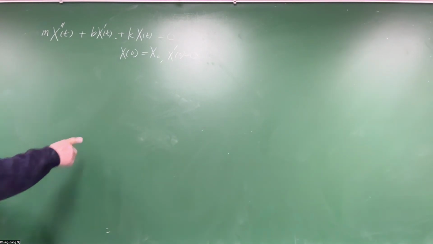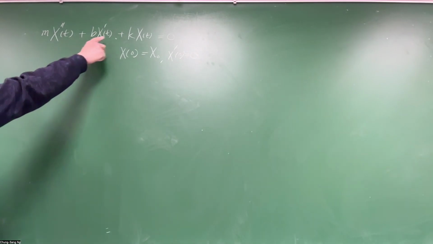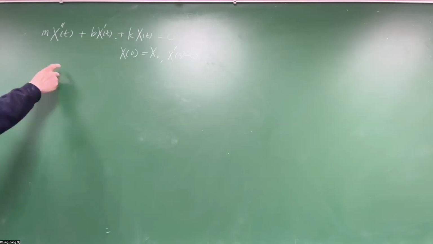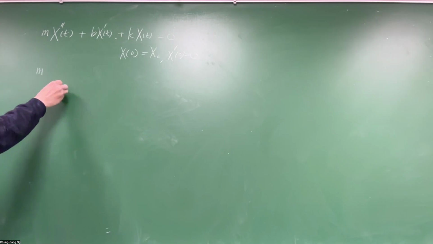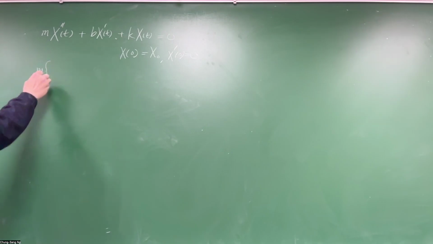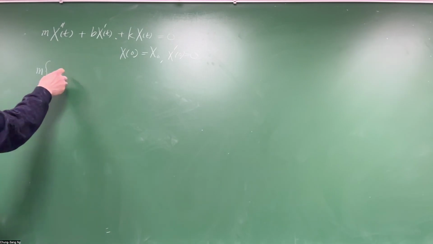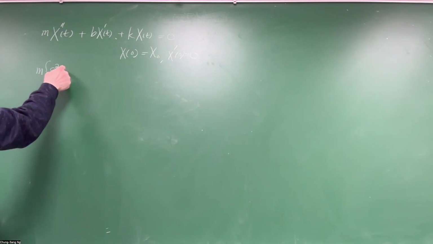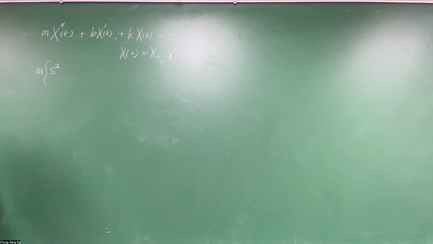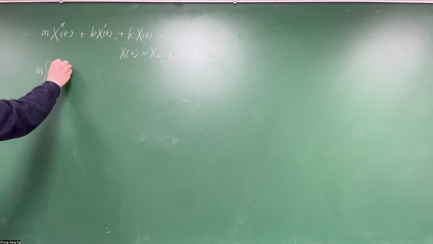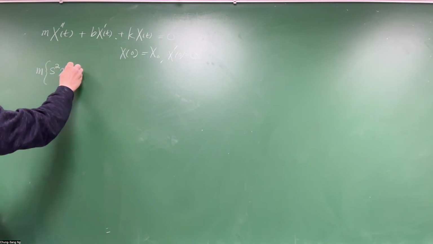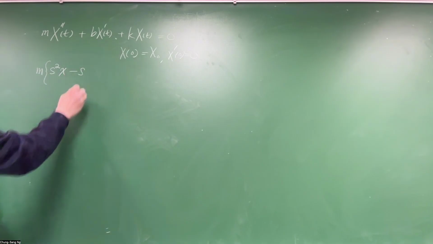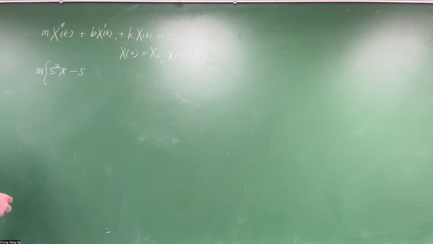Okay, now you do the Laplace transform for each term, and we did that before. The first one is the second derivative. By the formula, the first term is s squared times the transform of capital X, I think your textbook called it little x, and then minus s times the function itself, capital X at 0.